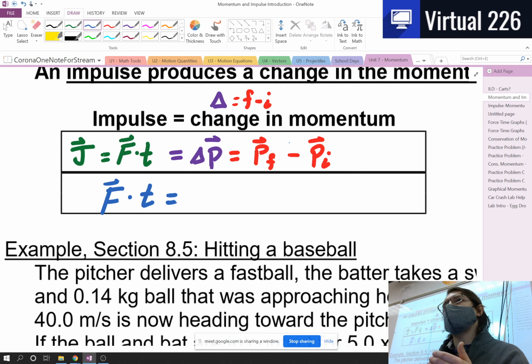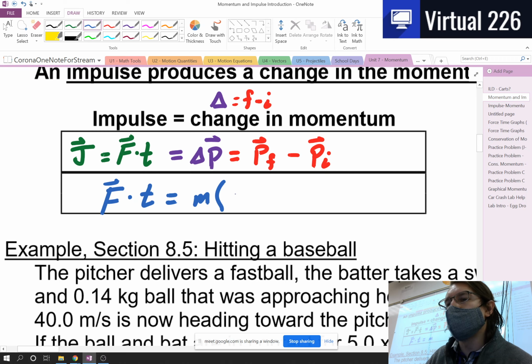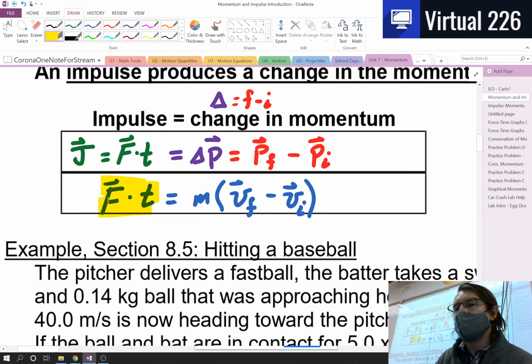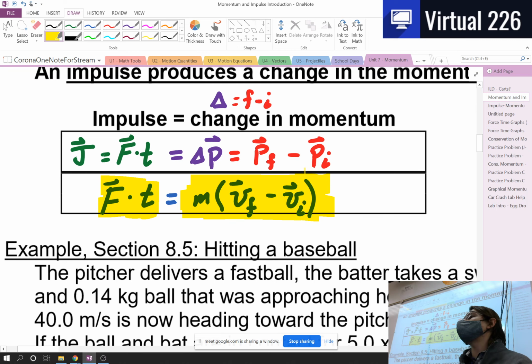And if the mass is remaining the same for something like our hockey puck or a baseball or whatever, then I can pull it out of the equation, and I can say this is equal to a mass multiplied by a final velocity minus the initial. So we just did a little bit of math to clean up that equation. But this equation right here, the impulse is equal to a change in momentum, m times the quantity Vf minus Vi. That is a very important thing that we're going to be using throughout this unit.